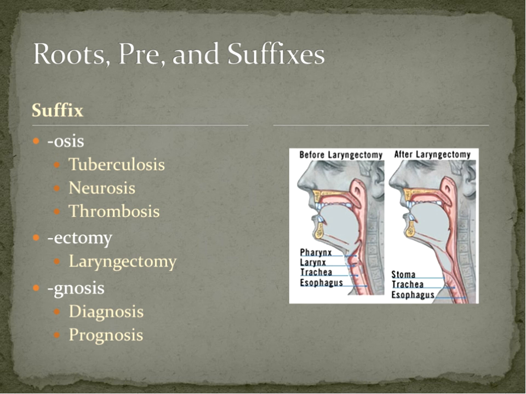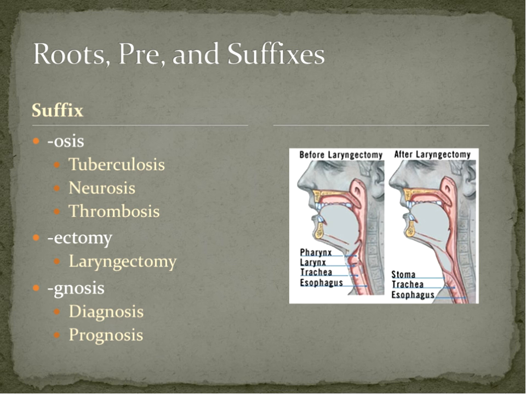Now, you also have some suffixes. Itis is inflammation. Inflammation of the lungs or the bronchioles is bronchitis, although inflammation can occur in different parts of the body. Neuritis would be inflammation of a nerve. Ectomy is removal.